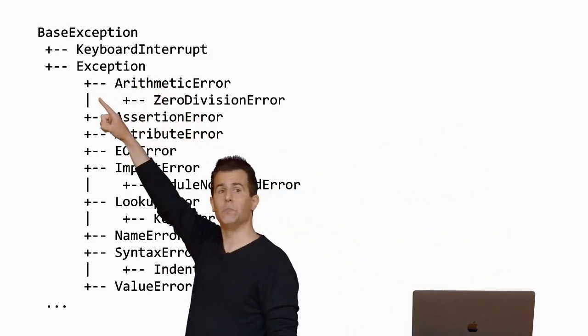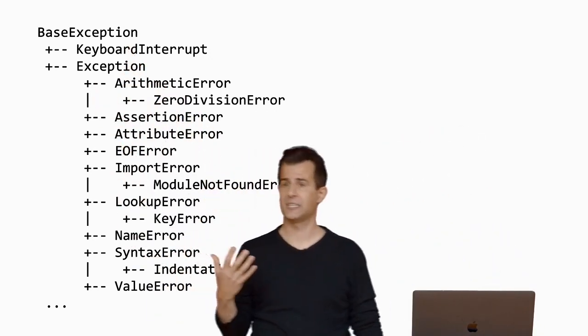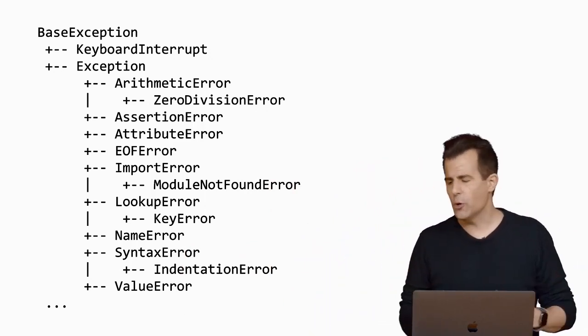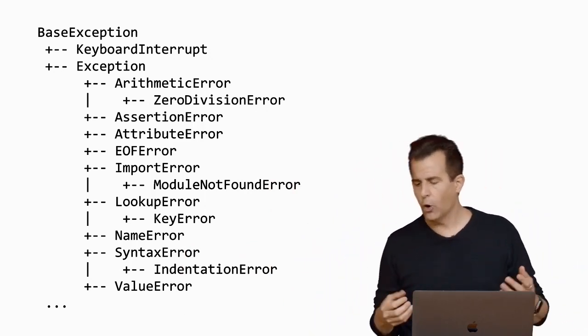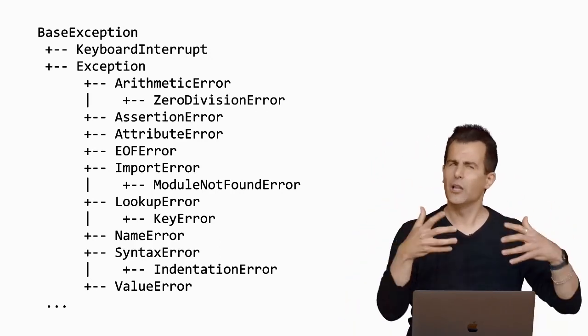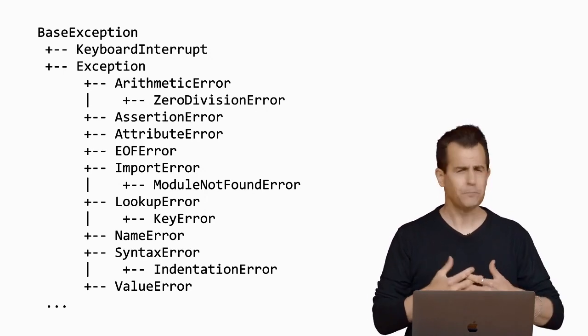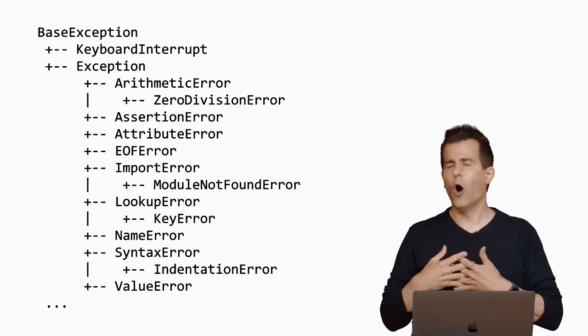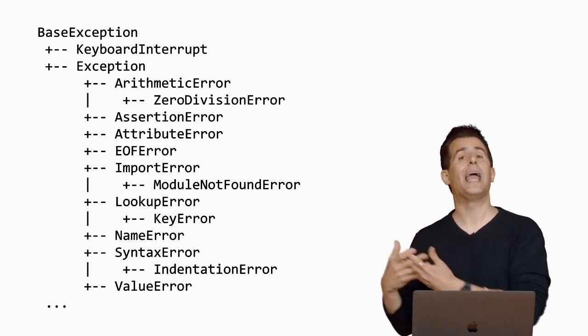And the exception class, meanwhile, has a parent class called base exception. Why did the authors of Python do this? Well, it turns out that whether you have a value error or a key error or an assertion error or any number of others, there's a lot of functionality common to all of those types of errors that you want a programmer to be able to use.